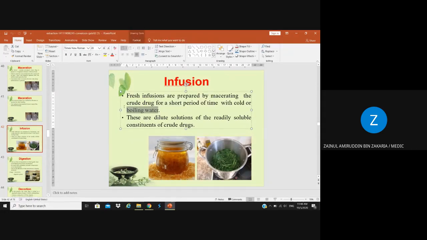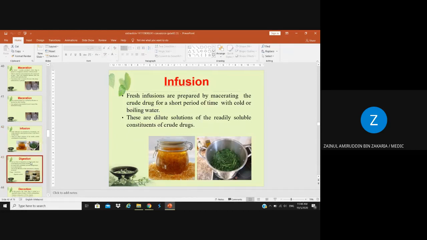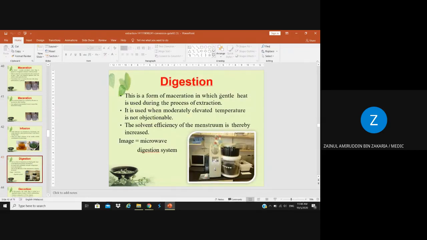For example, what is infusion? If you use hot water, it is boiling water, while in digestion, you use only gentle heat during the extraction process. So sometimes you boil water, then you put in cold water until the temperature becomes 80 degrees Celsius.